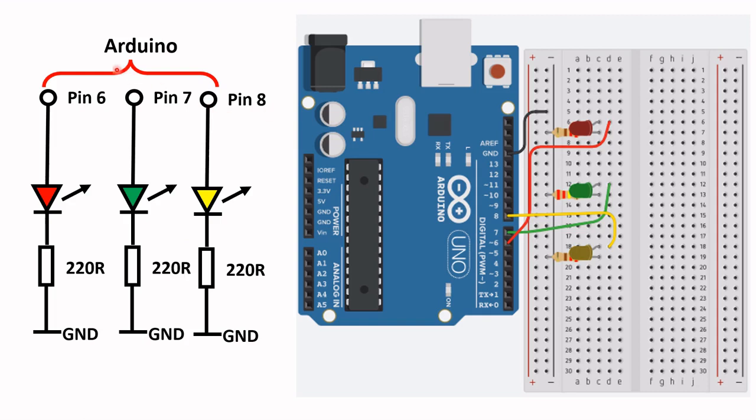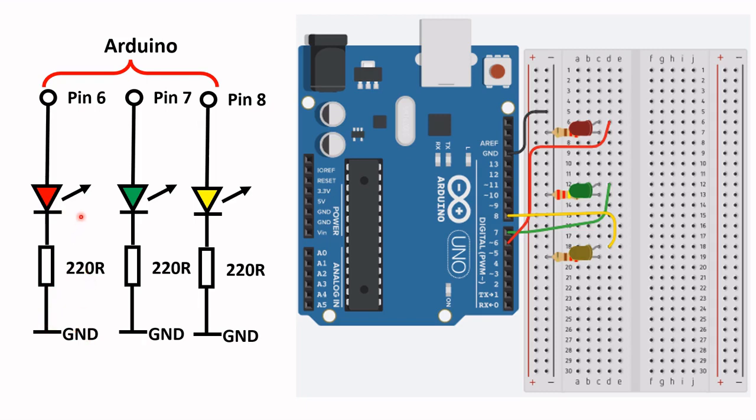Demonstration 5. To test the code, we require some hardware. Here is the schematic or circuit diagram. It's very straightforward. We have a light emitting diode, or LED. One end of the LED, the anode, is connected to a pin of the Arduino Uno, and the other end, the cathode, is connected to a 220 ohm resistor, and the other end of the 220 ohm resistor is connected to ground.